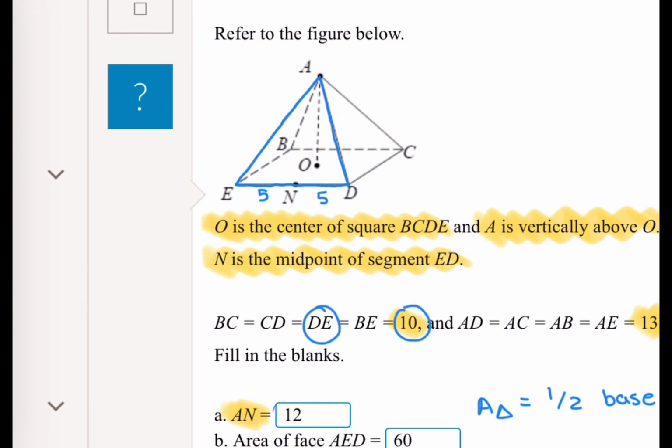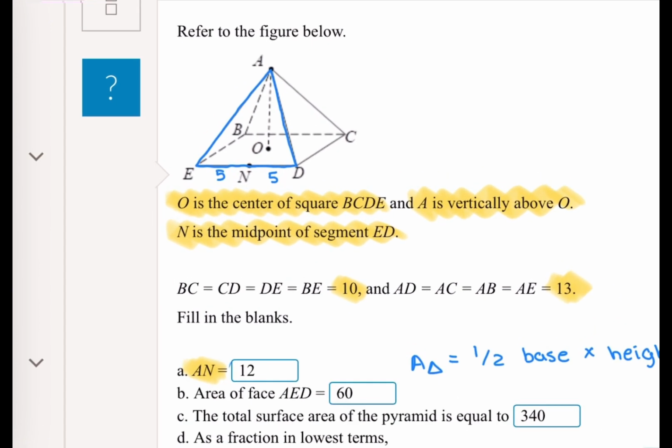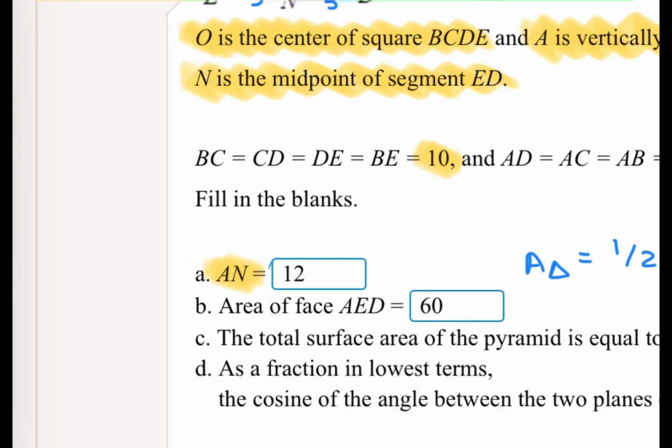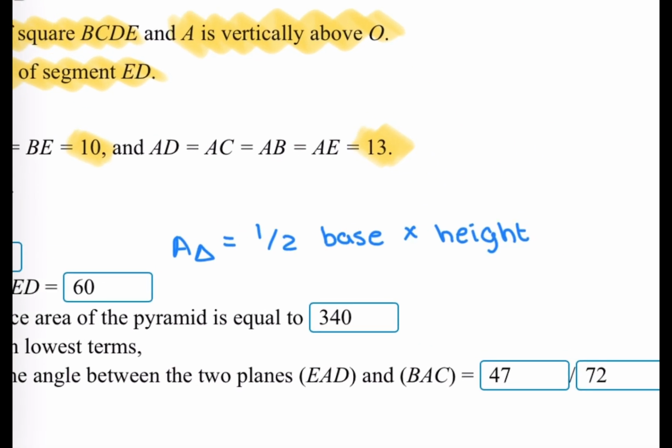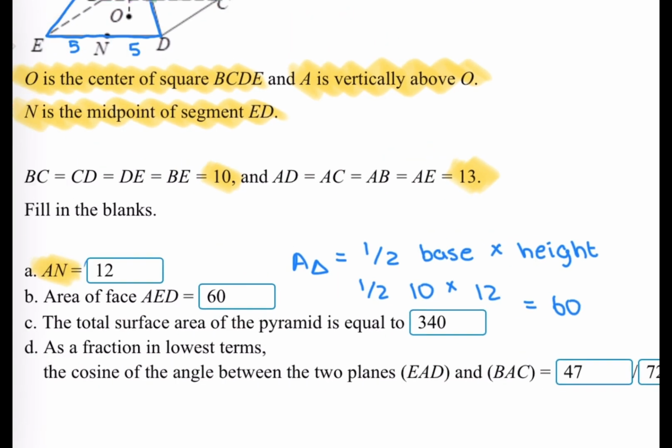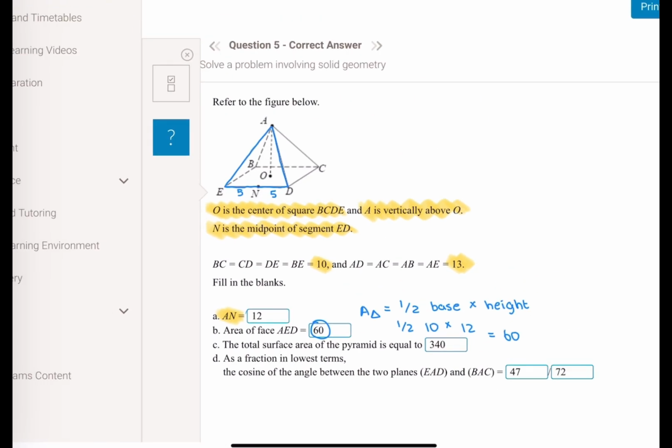It is 10. And then we also know that the height we got in the last question, that it's 12. So we just replace that. You're going to have 1/2 the base 10 times the height, which we got 12. And you're going to end up with 60. So that's going to be your answer here.